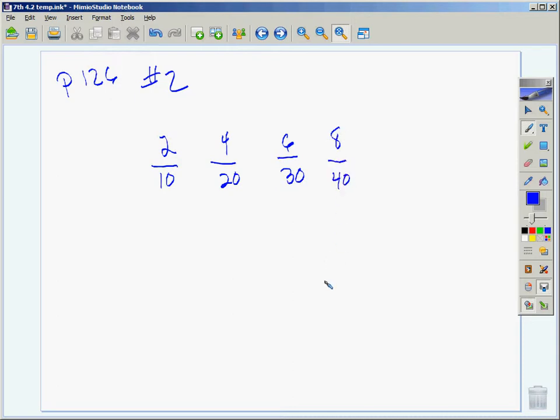Find the constant of proportionality. It's asking me to find K equals Y over X. This is X. This is Y. They want me to do Y over X. Y is 10. X is 2. How many times does 2 go into 10? 5. So K is what value? 5. It said, then write the equation.